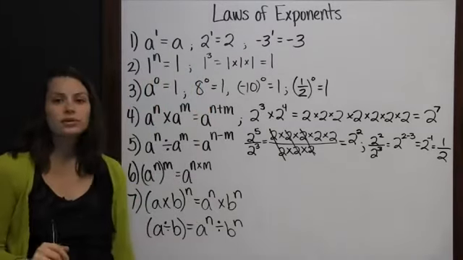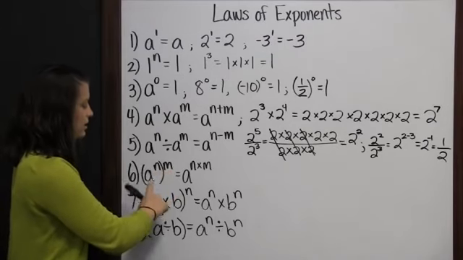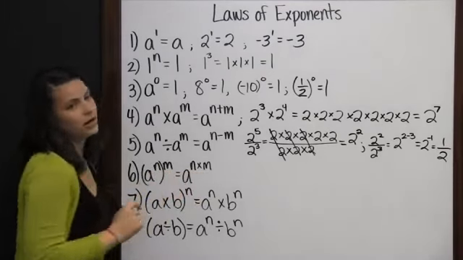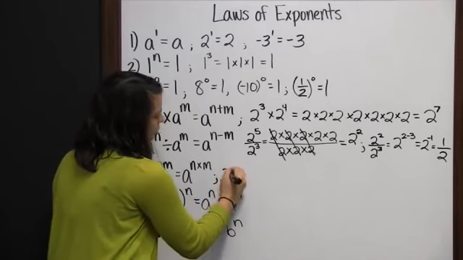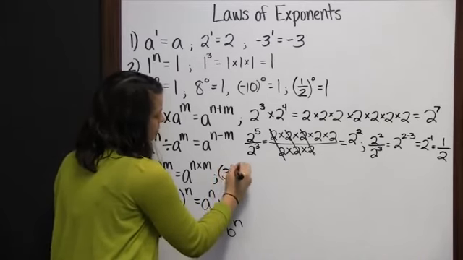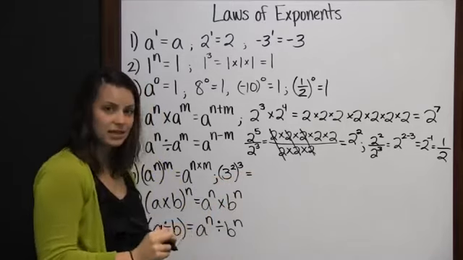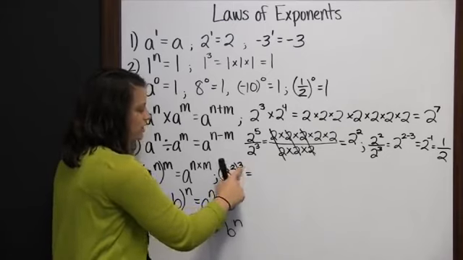The sixth rule says that when you raise a power to a power, like a to the n raised to the m, you multiply your exponents. So, for instance, with 3 squared cubed, what that really means is 3 squared times itself 3 times.